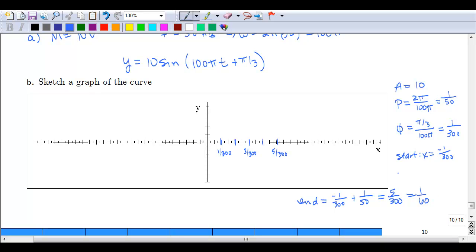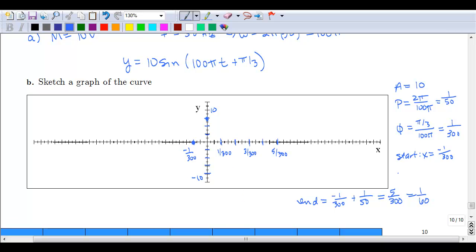Again, we need to go backwards as well because we're actually starting at negative 1 over 300. Amplitude is 10, so we'll make this 10, this negative 10. Again, we're dealing with a sine curve, so we're going to start at 0. We're going to hit our amplitude at our quarter mark, which in this case is the axis.